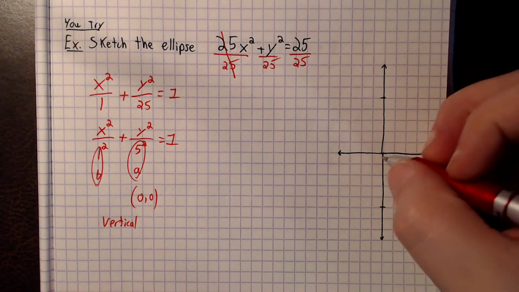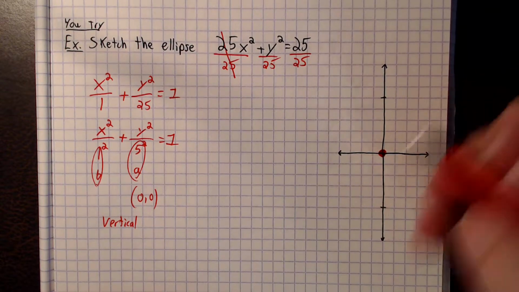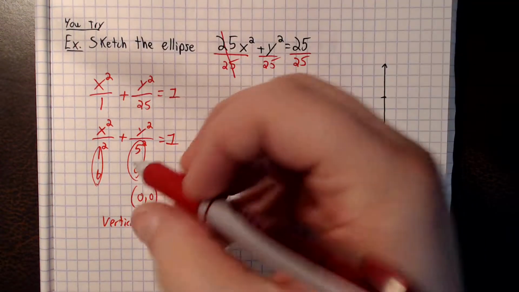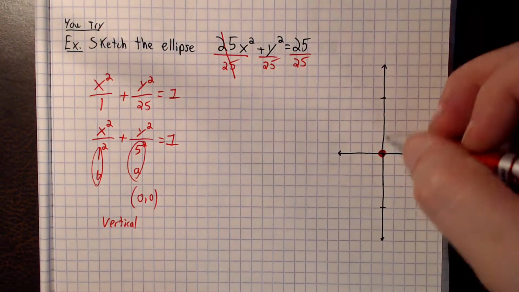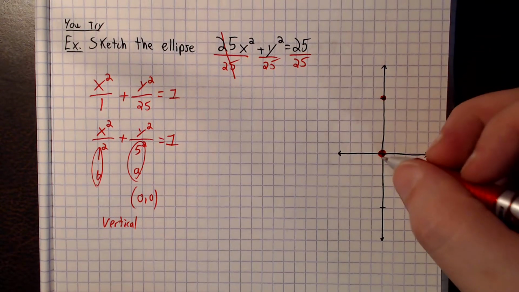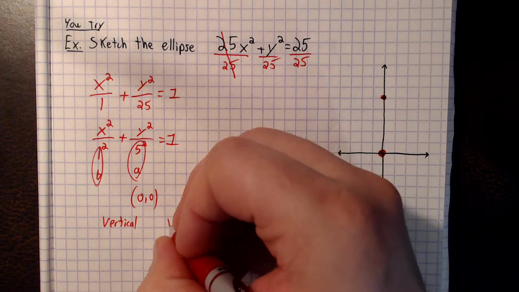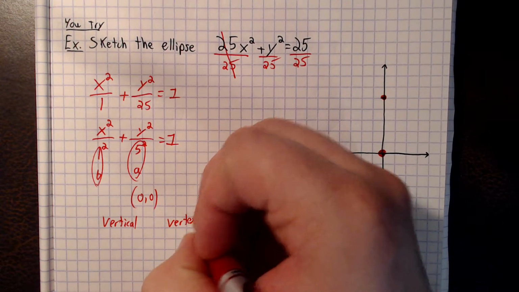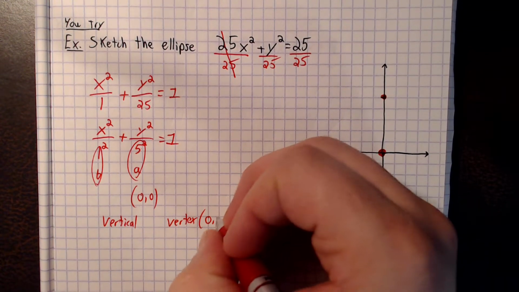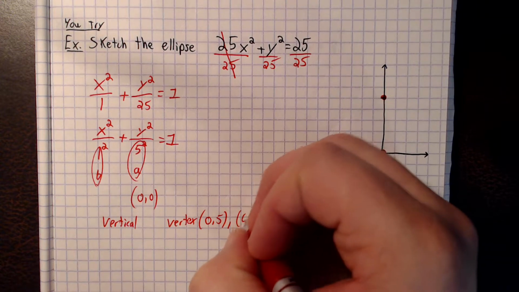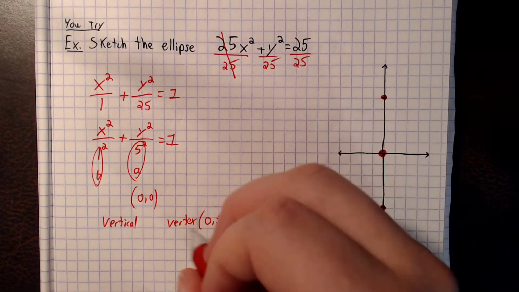So let's plot our center first. Everything's changing vertically. So I need to go up 5 from my center. And I need to go down 5 from the center. That's going to give us vertex at 0, 5 and 0, negative 5.